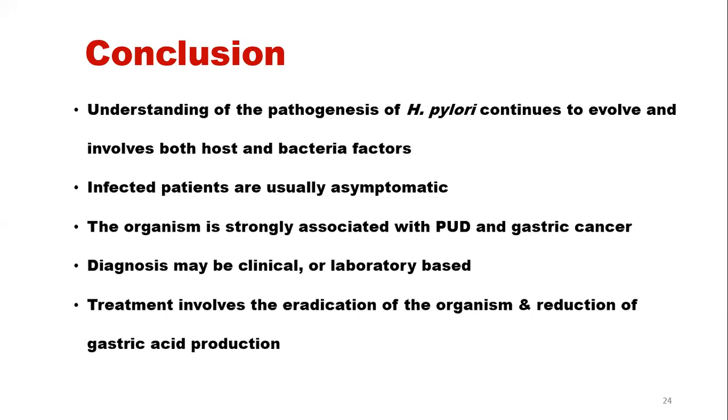It is a type 1 carcinogen. Making a diagnosis could be clinical or laboratory based. It depends on you, the managing physician. Treatment involves the eradication of the organism and the reduction of gastric acid production.